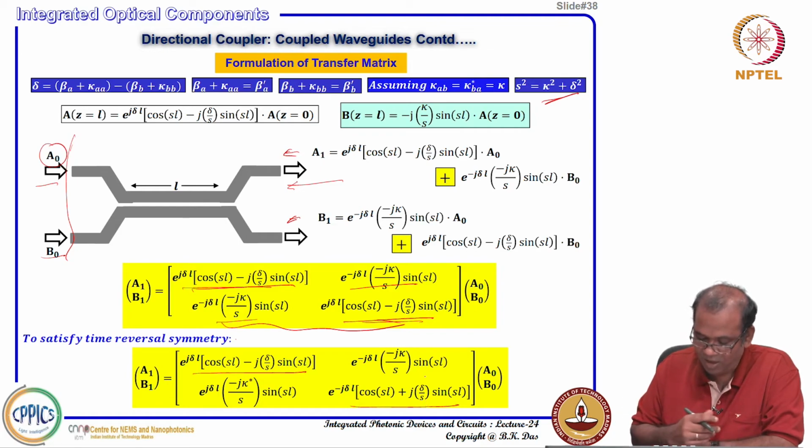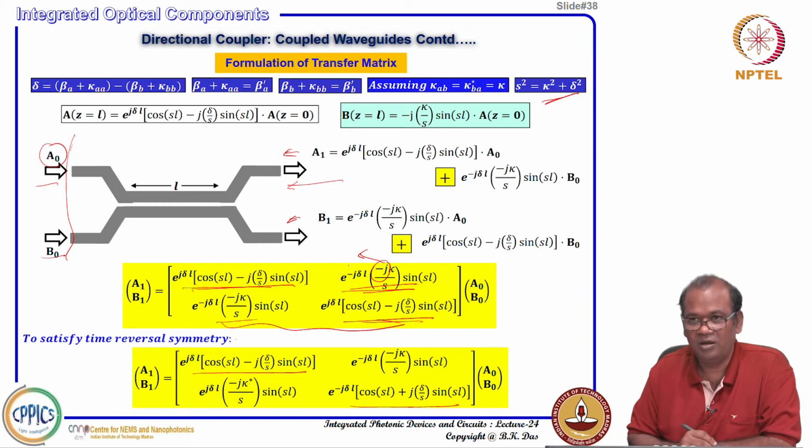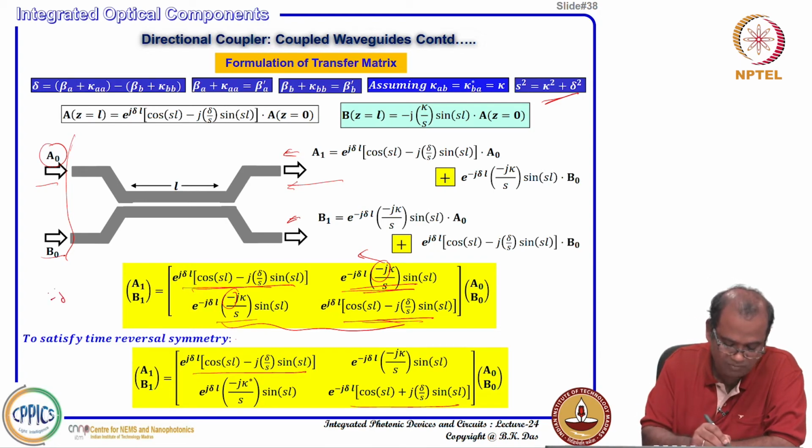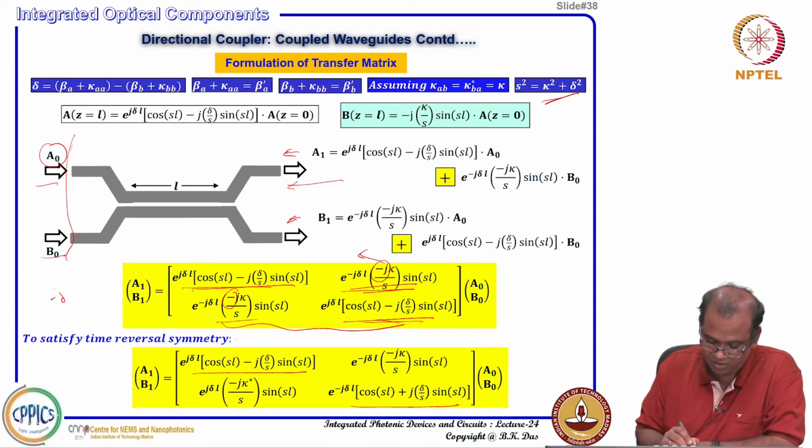In this term I keep the minus j separated, without minus j here and here, and the rest I can consider as complex conjugate. Why I am not counting this minus j, I will discuss. Now we consider the minus j kappa; I convert kappa into kappa star, and e to the minus j delta L, e to the power j delta L.